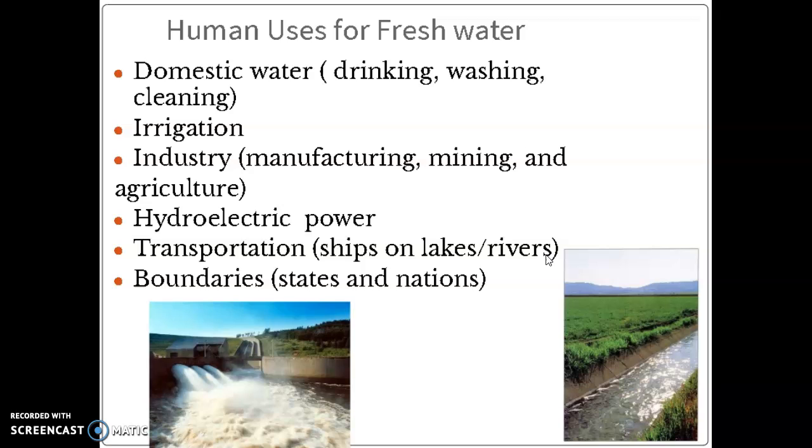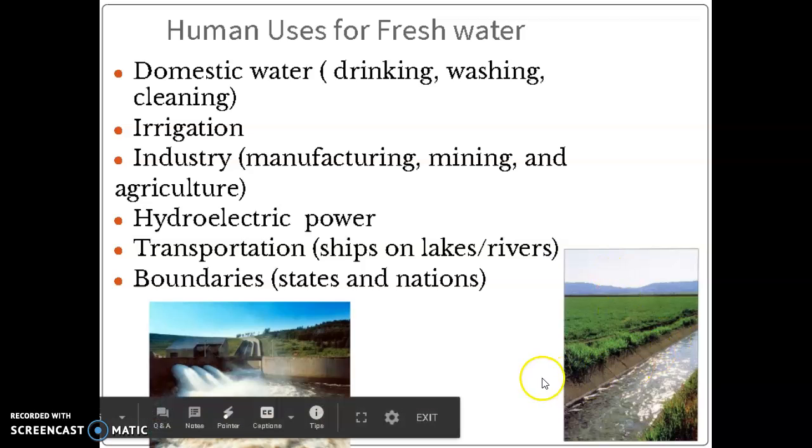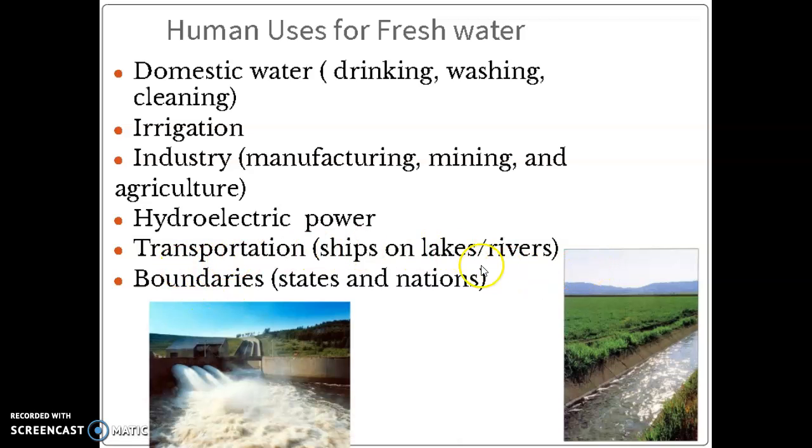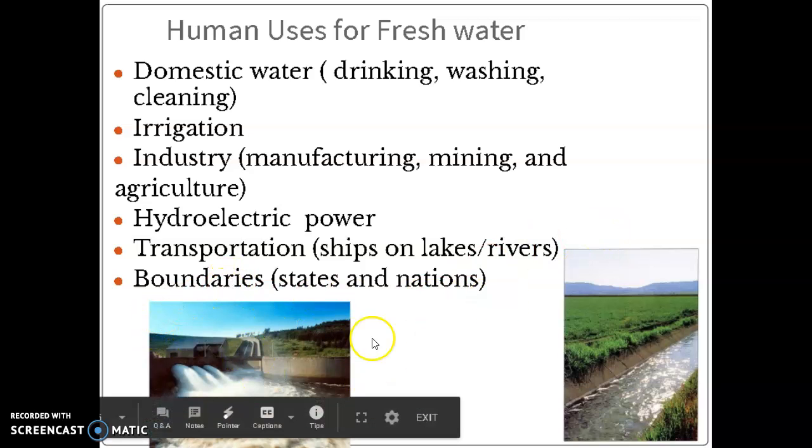We harness it to do hydroelectric power with dams, and we're going to spend a little time on that in the coming weeks. And we also use it for transportation by carrying ships across the rivers and lakes. It also creates boundaries for us. Sometimes a river is the boundary between two states. It can be the boundary, river or lake, whatever the situation is, between two nations.